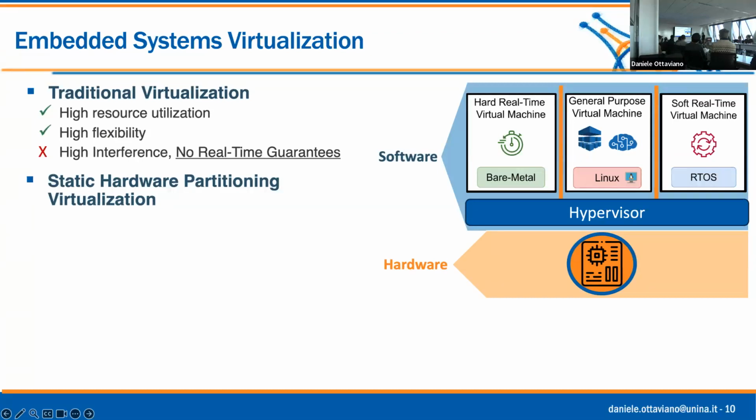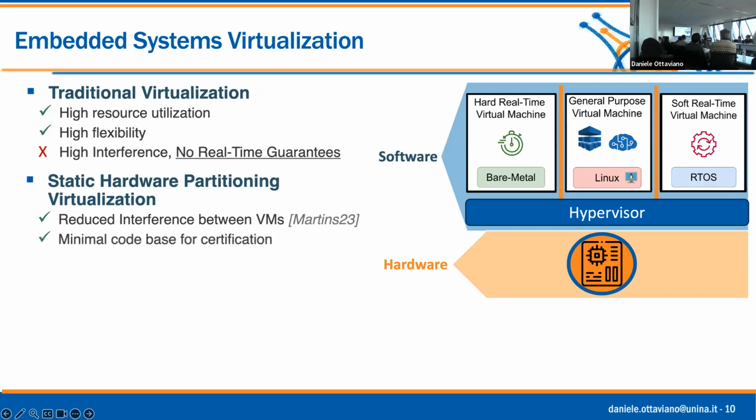This kind of hypervisor just takes the hardware and statically divides the hardware resources for each virtual machine. So a virtual machine has a pinned CPU, for example, and there are specific memory areas that it can access that are not accessible by other virtual machines. That's static hardware partitioning. That's great because we have reduced interference between virtual machines, very low latencies that have been proven by recent works.